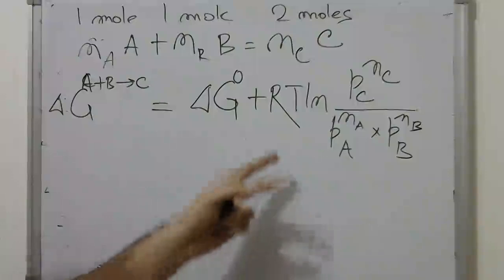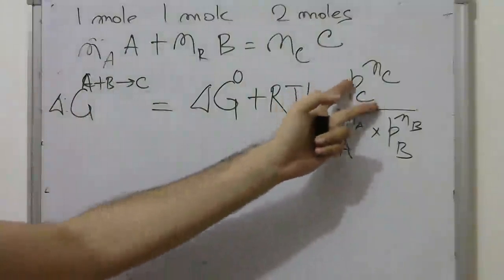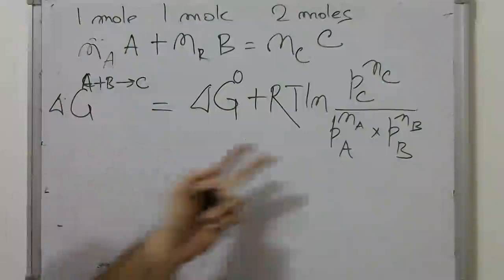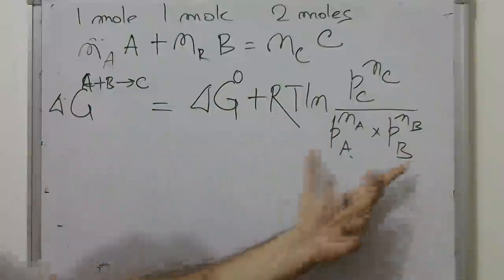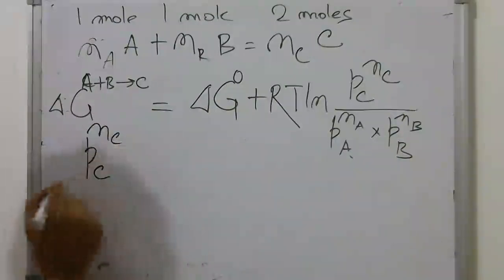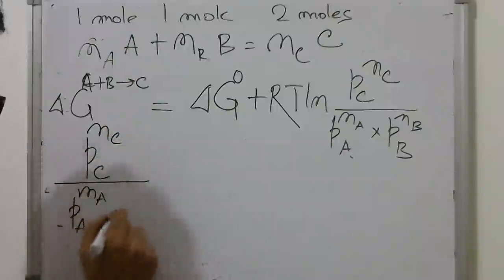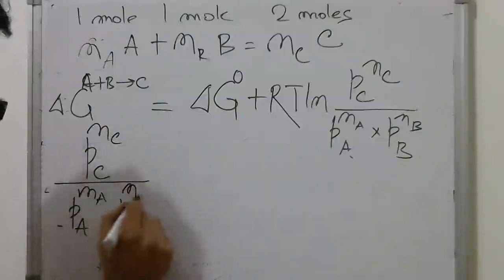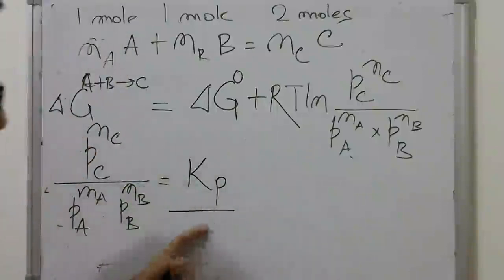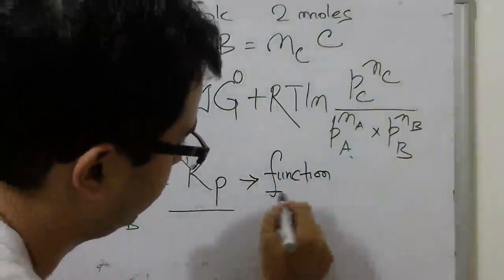So the stoichiometric coefficients are raised as powers of the partial pressures of the gases existing in the system. Normally this part, PC^NC by PA^NA PB^NB, is written as Kp, the reaction rate constant, which is only a function of temperature.